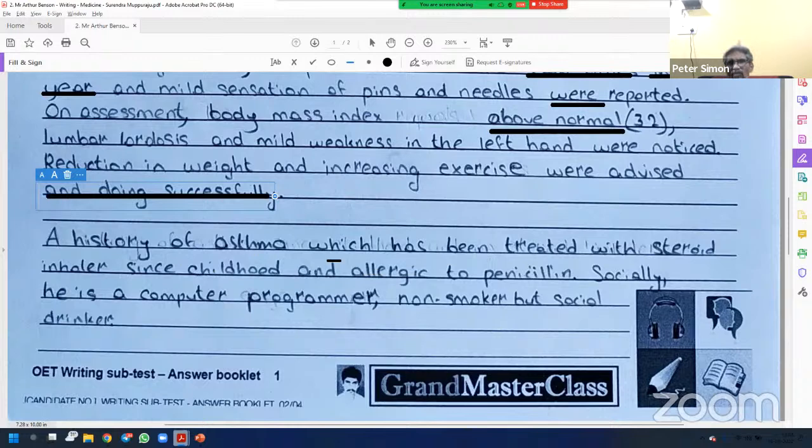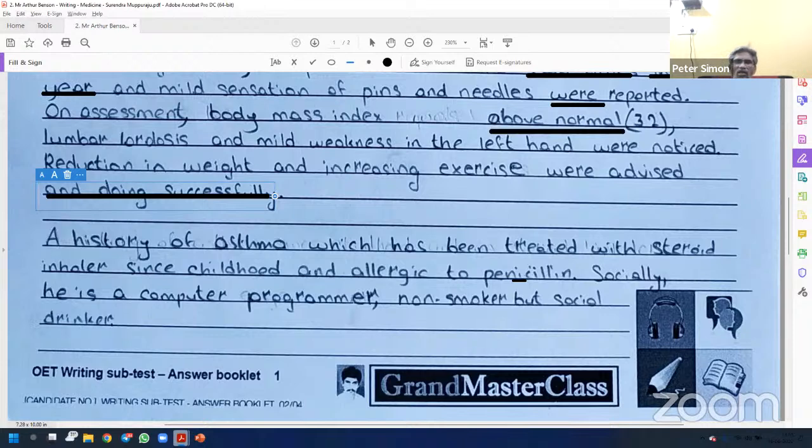A history of asthma which has been treated with steroid inhaler since childhood, and allergic to penicillin. He has a history of asthma which has been treated with steroid inhaler since childhood.